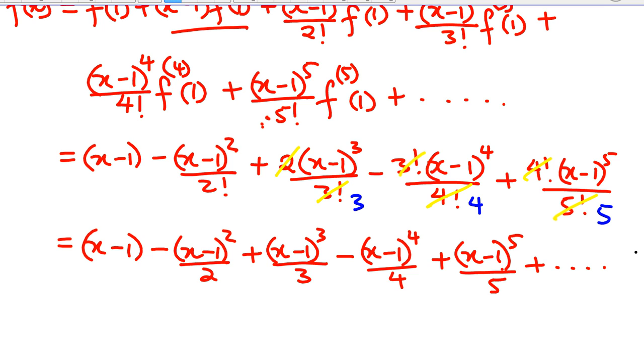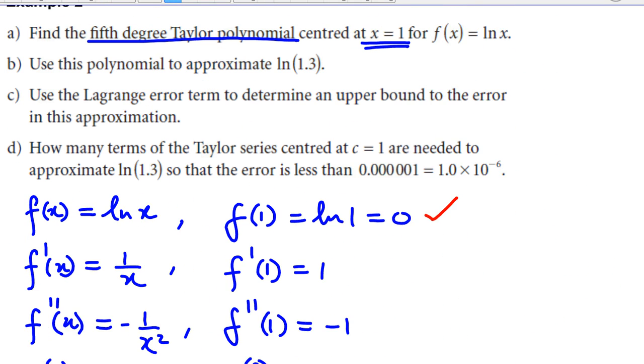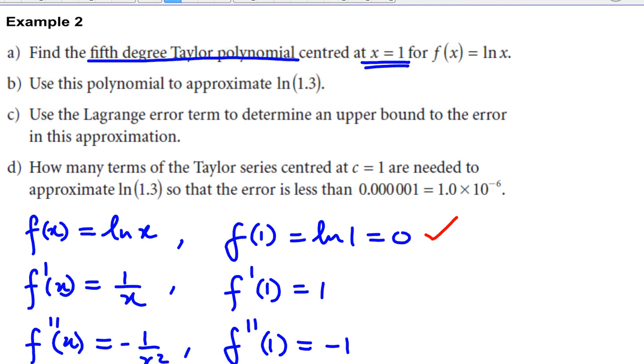So we now have, remember the question was, find the fifth degree Taylor polynomial centered at x equals 1. I think that's all. That's what it is. Now, the second part, so that's done. The second part, use this polynomial to approximate ln 1.3, right?